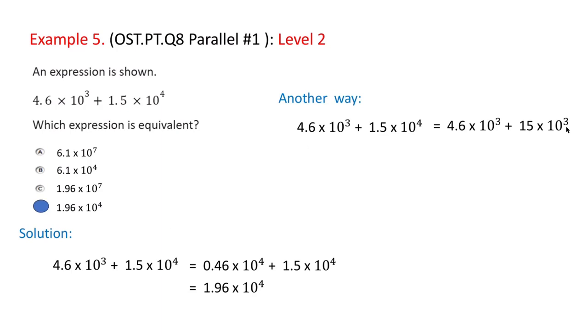So you get 15 times 10 to the power 3. You add these two, you get 19.6 times 10 to the power 3. Now this is not in scientific notation. Divide by 10, multiply by 10, 1.96 times 10 to the power 4. So we have some extra work to do if you choose the other way around. It's always recommended to start with the smaller of the two exponents.